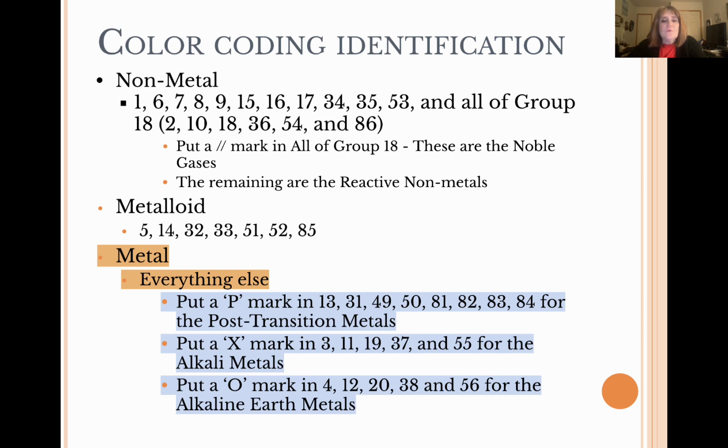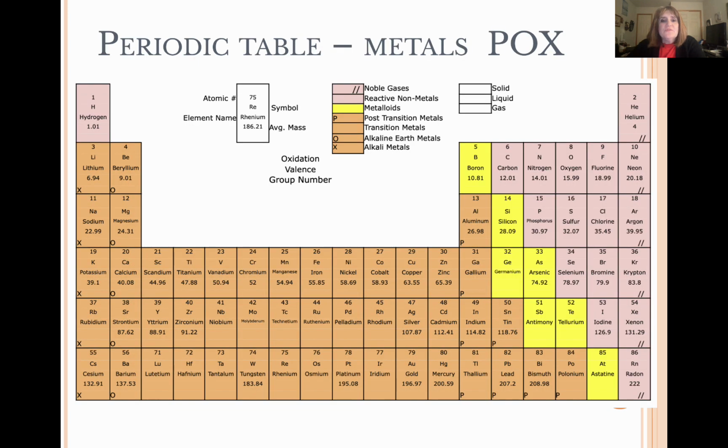Those are elements 4, 12, 20, 38, and 56. So when you are done, you should have something that looks like POX, where you have X's in group 1, O's in group 2, P's in groups 13, 14, 15, and 16, only on the metal side.